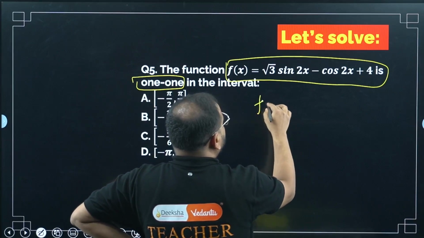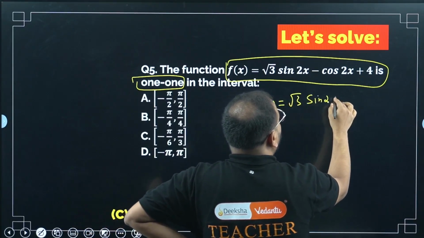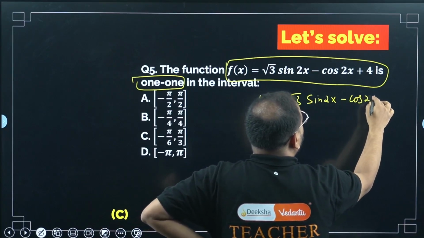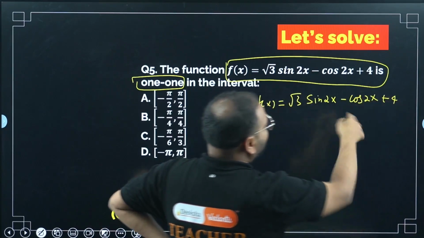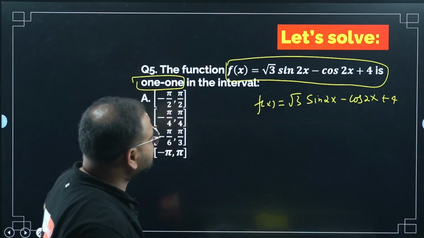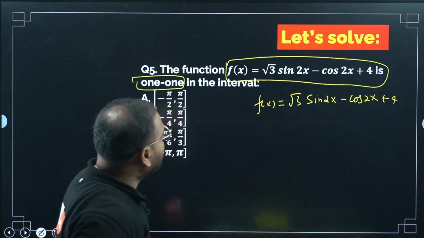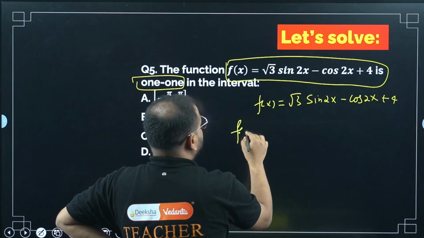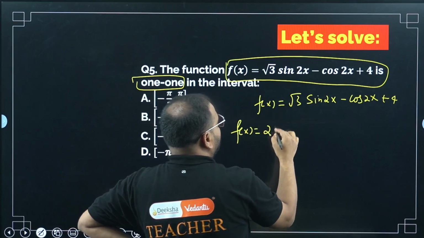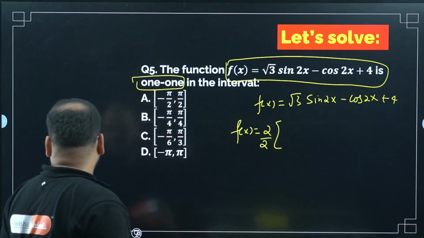I can write the function f(x) as √3 sin 2x minus cos 2x plus 4. The 4 is a positive number, so no problem there. What about √3 sin 2x minus cos 2x? I can multiply and divide by 2 and take the division inside.